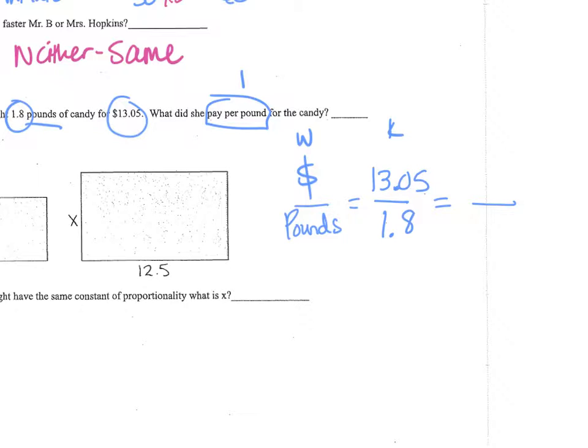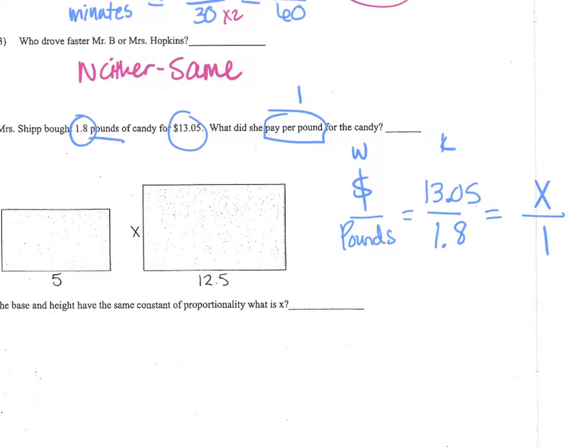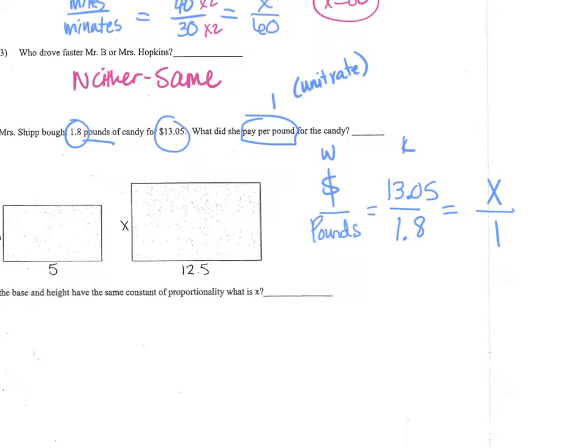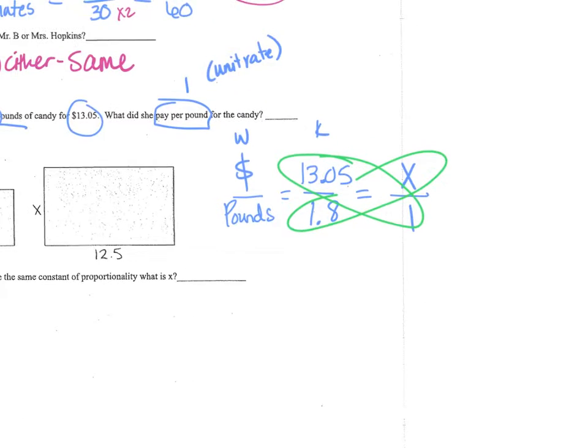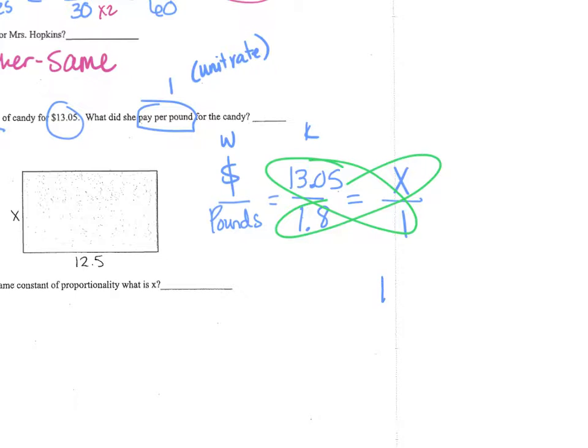The price for 1 pound? So anytime it's asking what it is per pound, think about unit rate. Per whatever is 1 item, so unit rate. And it's the same idea, cross multiplying, divide, or think about just dividing.